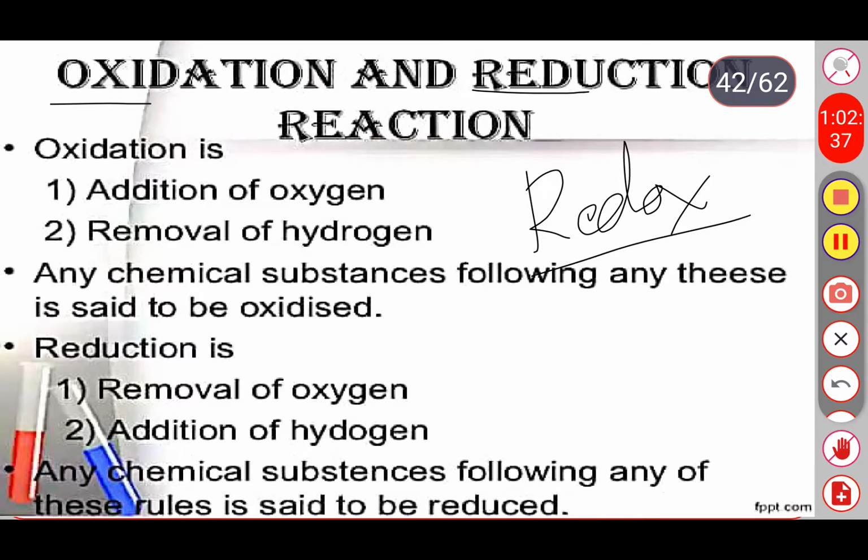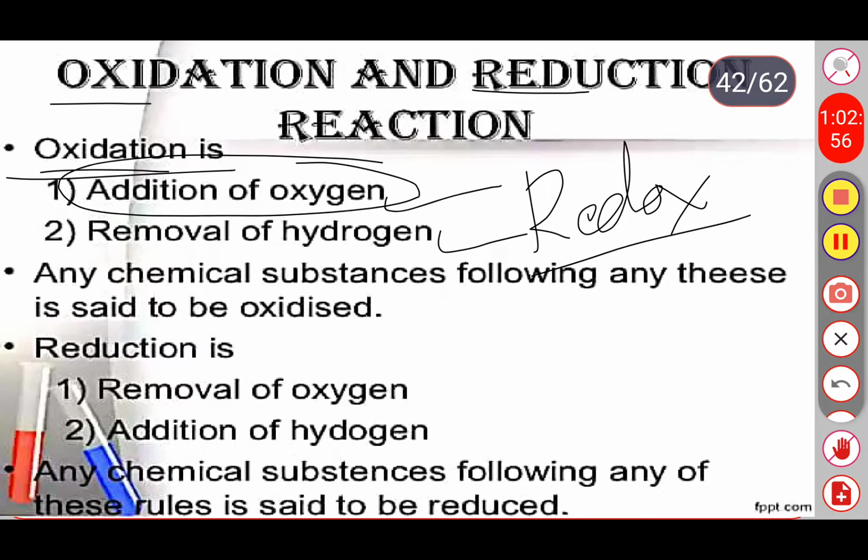Once we are adding oxygen to the given compound, we call it an oxidation reaction, or once we are removing the hydrogen atom from the given compound, we call it an oxidation reaction. Any chemical substance following either of these is called an oxidation reaction.